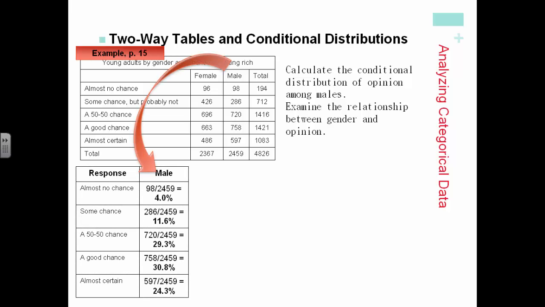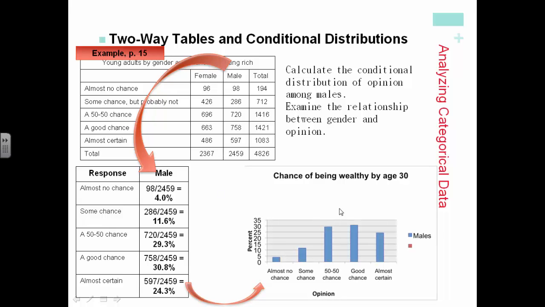Going back to our example, we have males this time. In the male category, we take the total, 98, out of the total number of males, looking at the conditional distribution for this column. This would still be listed as chance of being wealthy by age 30, and we have males in the first one.